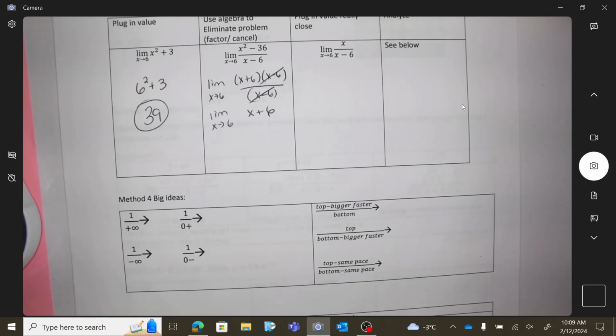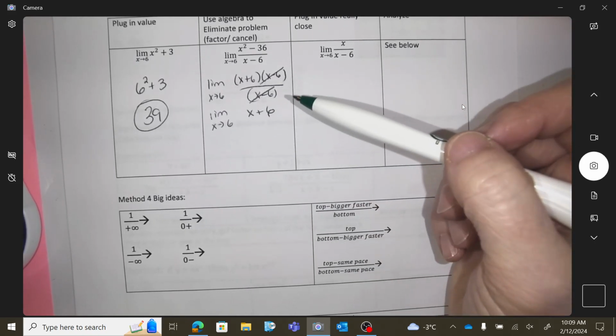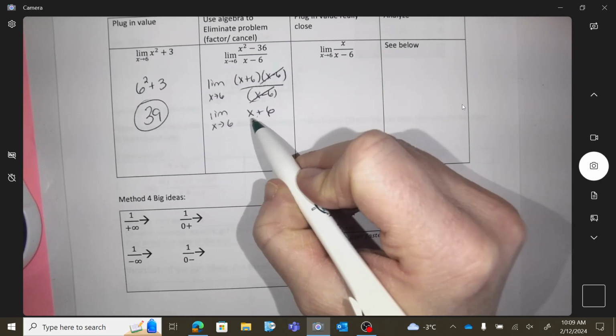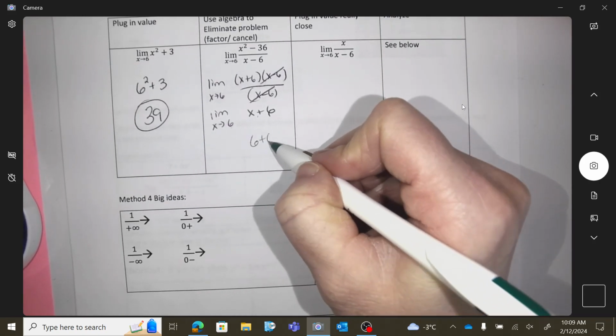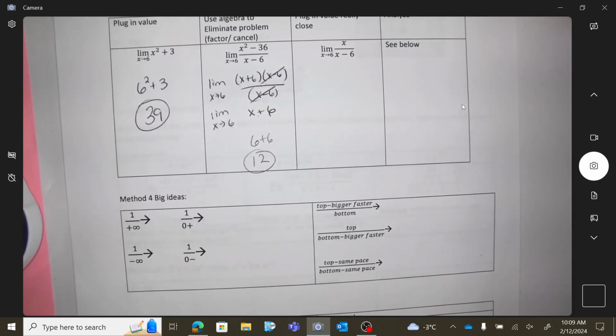So now I can plug in the 6 because I eliminated the problem. So if I was to plug a 6 into here, it'd be 6 plus 6, which would be 12.